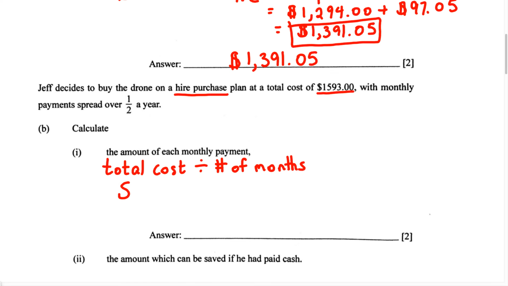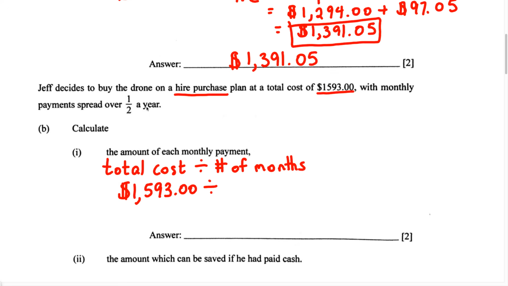So the total cost is going to be $1,593.00 divided by the number of months. And it says with monthly payments spread over a half a year. So they don't give us the number of months. They tell us it's spread over a half a year.